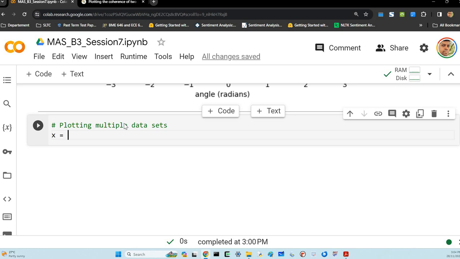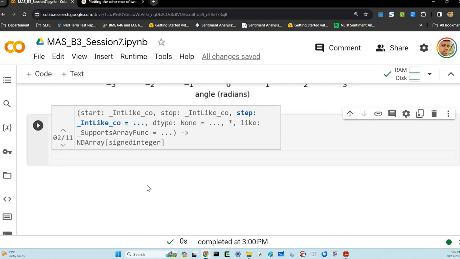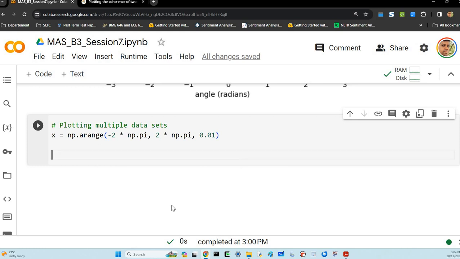Let me define x as np dot arange. This time I'm going to extend it to minus 2 pi, np dot pi comma 2 pi, with a step of 0.01. A small variation. Now the next one is we can define several y's.